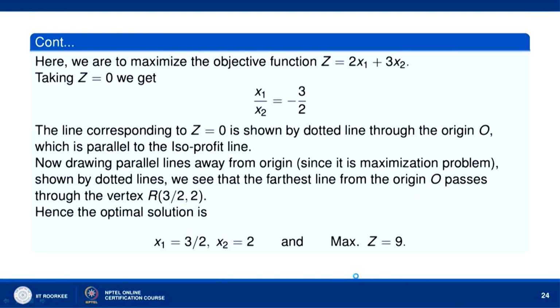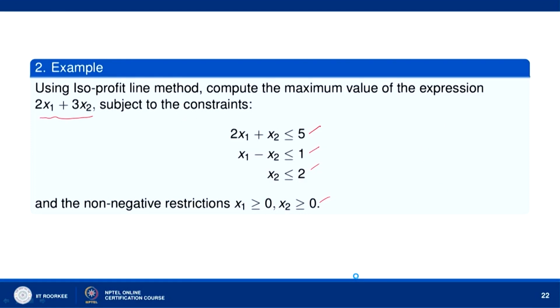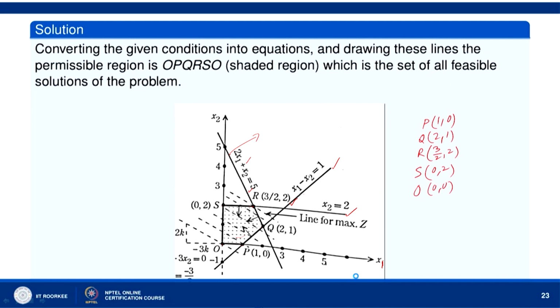So, values of Z, let me see, Z equal to 2x1 plus 3x2. At P, x1 is 1 and x2 is 0, so Z equals 2. For Q, Z is equal to 2 into 2, 4, plus 3, 7.